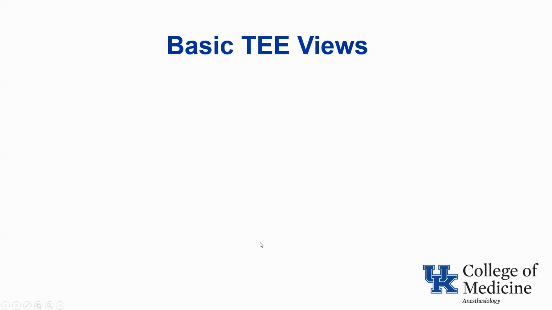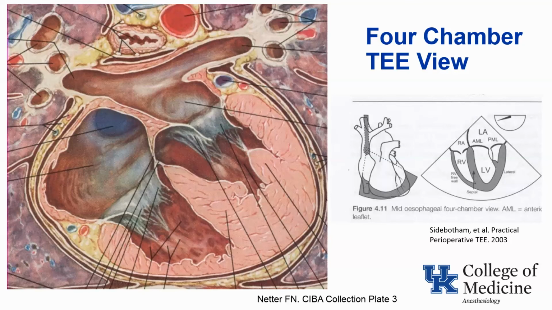Next, I would like to just briefly show the gross anatomy of the basic TEE views. This is the anatomy that you see in the four-chamber view as illustrated over here. And so we see the left atrium, right ventricle, left ventricle, the tricuspid valve, and the mitral valve.